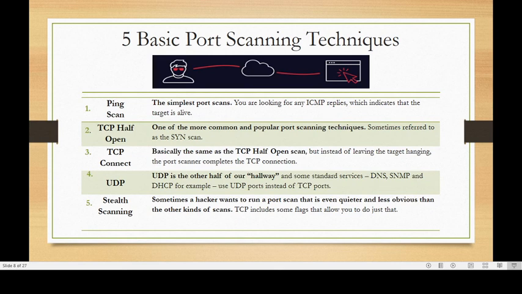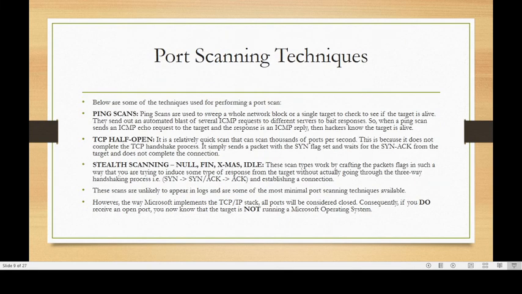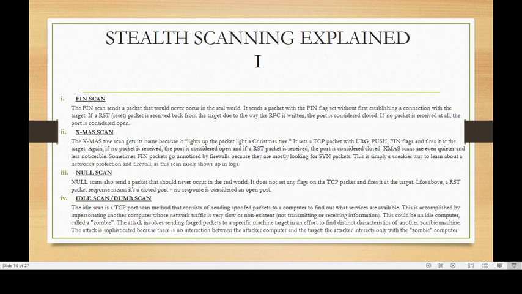Examples of 5 basic port scanning techniques are the ping scan, the TCP half open, the TCP connect, UDP, and stealth scanning. And the stealth scanning is explained in detail. Stealth scanning works by crafting packet flags in such a way that you can try to induce some type of response from the target without actually going through the 3-way handshaking process and establishing a connection.